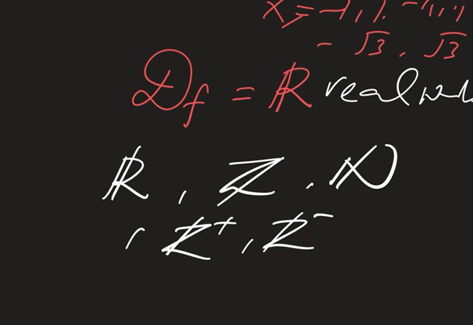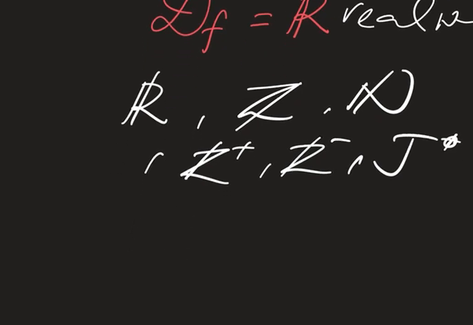That means positive integers, negative integers. Whole numbers include 0: 0, minus 1, minus 2, minus 3. So you could have a lot of numbers. Later on we'll look at complex numbers C, and imaginary numbers. That will come later. It's not so fast.